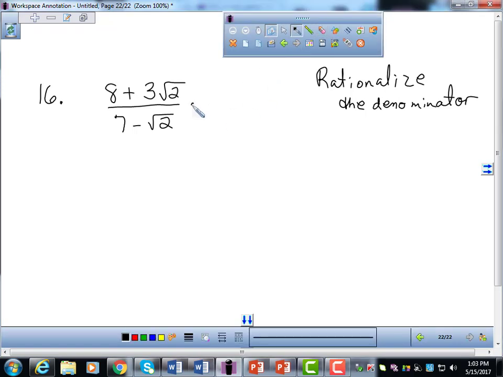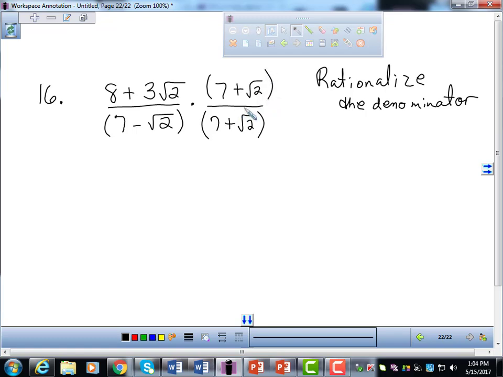Okay, so you're going to multiply by the conjugate of 7 minus square root of 2. Keep the first term the same, but use the opposite sign of the second term. Whatever you put on the bottom, you want to make sure that you also put on the top. That's because you're multiplying by a 1. You're changing what it looks like, but you're not changing how much it is.